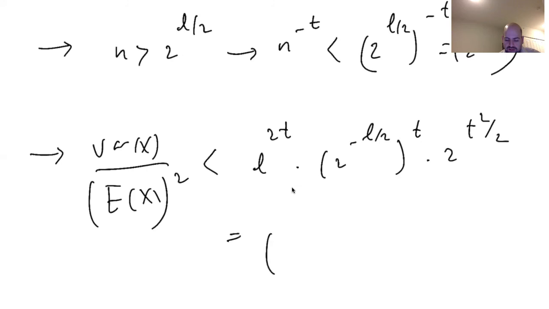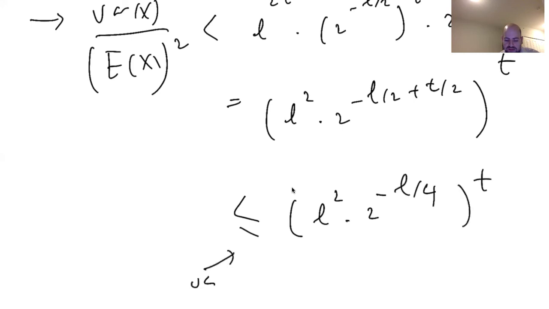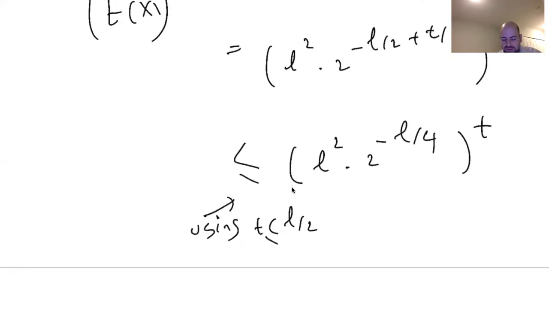And I can write this as L squared times 2 to the power minus L over 2 plus t over 2, the whole thing to the power t, which is less than L squared times 2 to the power minus L over 4, to the power t, using t is less than L over 2. Remember, in case 1, we're assuming t is less than or equal to L over 2, so t over 2 is less than or equal to L over 4. And this will be less than or equal to L squared times 2 to the power minus L over 4.